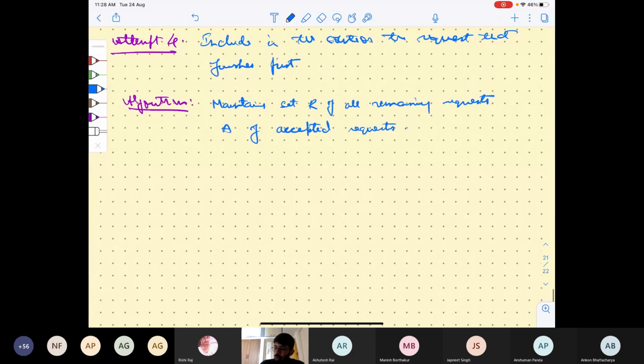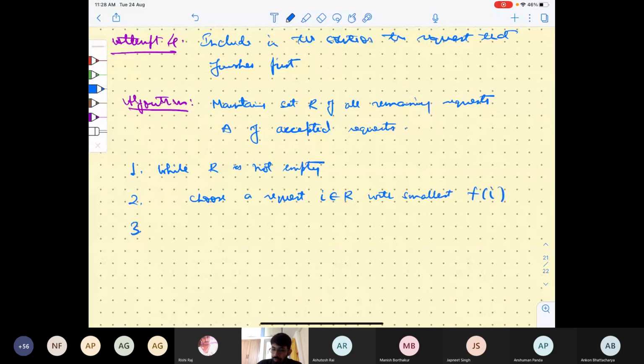All right. So these two sets will be maintained, and the algorithm is simple. While R is not empty, choose a request I that belongs to R with the smallest finishing time.